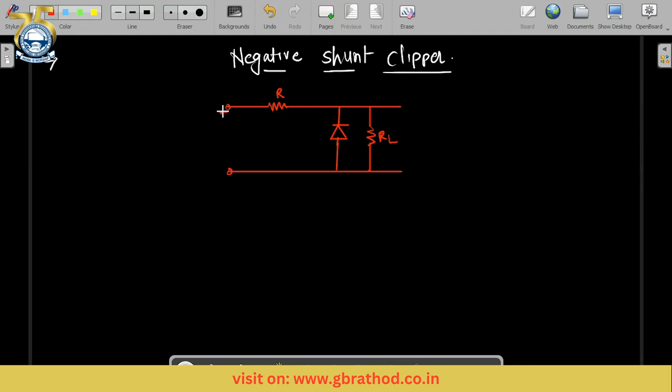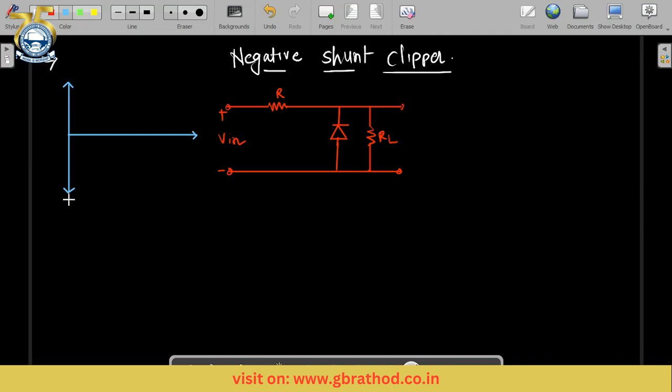So positive, negative, the input. This positive and negative I have written for the positive half cycle. We will provide the sinusoidal input over here. I'll draw the input signal. This vertical axis is for voltage, V input, the amplitude of the voltage, and this is the horizontal axis for time.